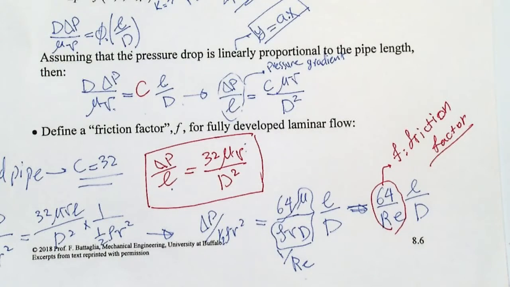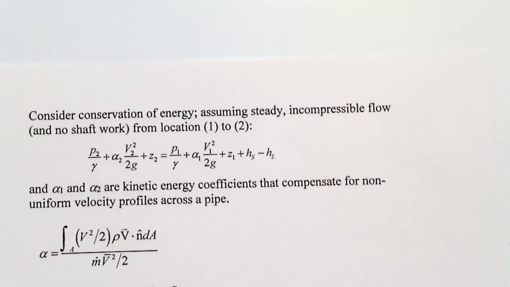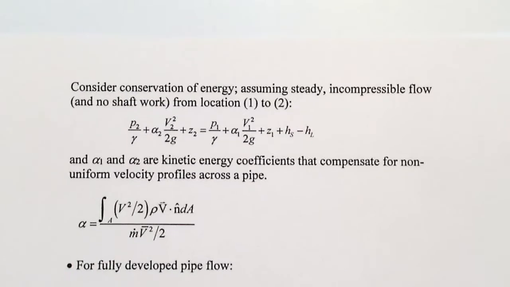Okay, perfect. So till now you found out what the pressure drop is. So what's the next job that we are going to do? Applying conservation of energy. Okay, you remember that we applied conservation of energy before, right?